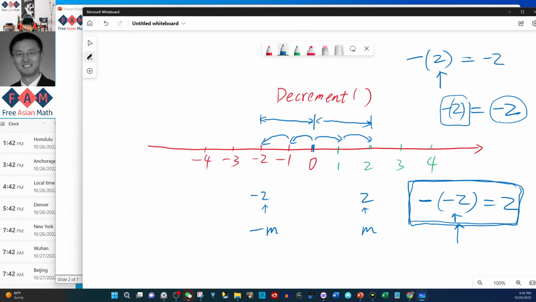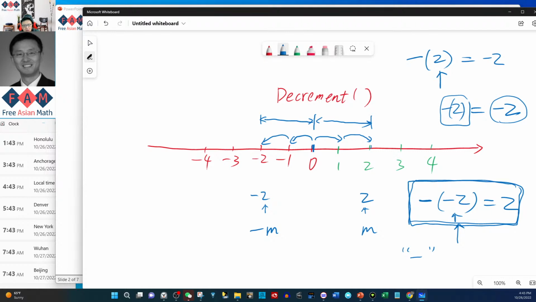Okay? In other words, this negation operator is just like a reflector. Whenever you have an integer on the number line, whether it's on the right-hand side or left-hand side of 0, whether it's positive or negative, the negation is always the integer on the other side, at equal distance from 0 as the current integer.